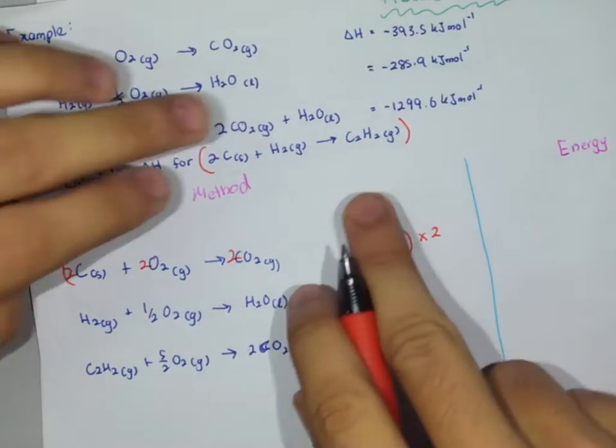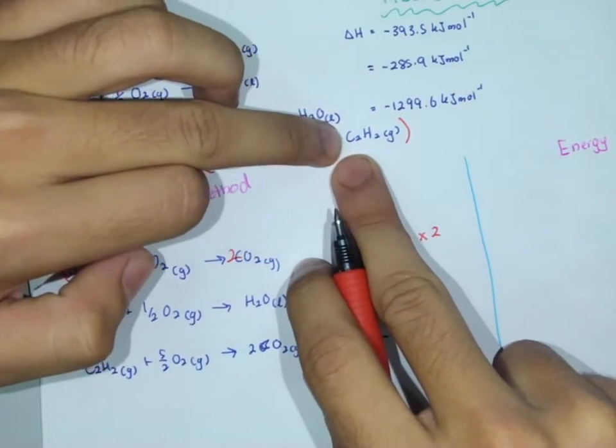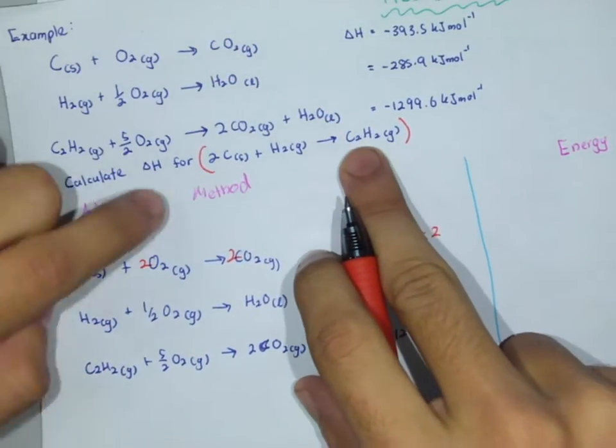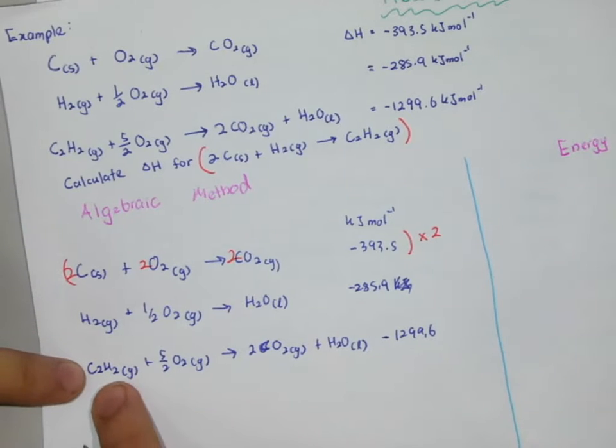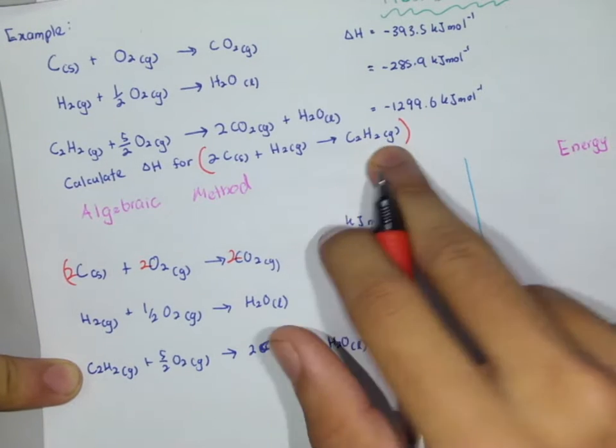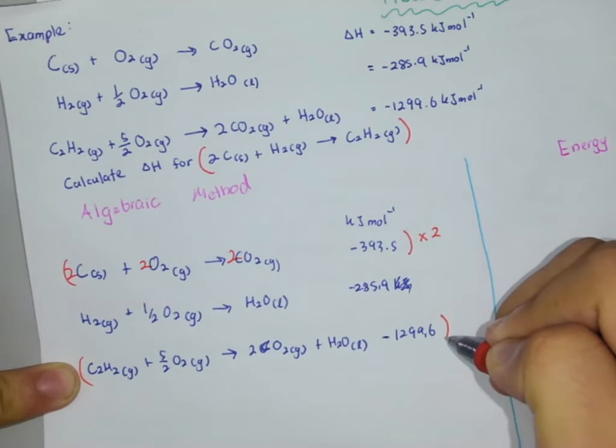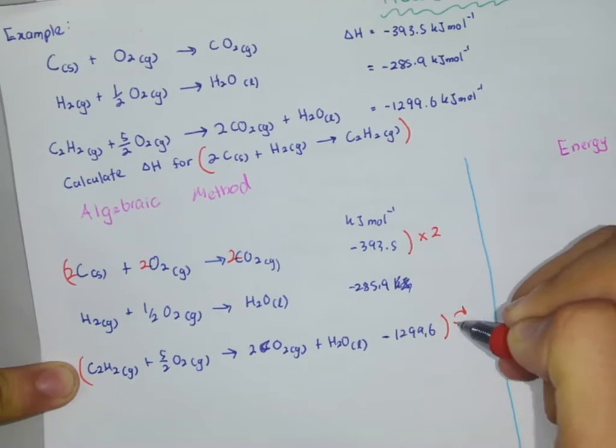Now we need C2H2. Looking for C2H2, we have it here. Oh no, it's on the left side. What we can do is reverse it. It's on the left but we need it on the right, so we reverse the whole thing.